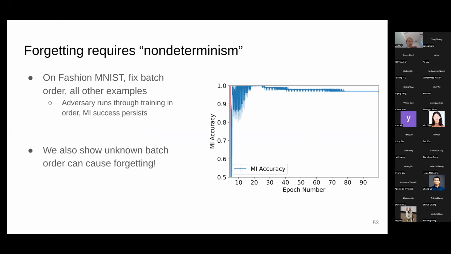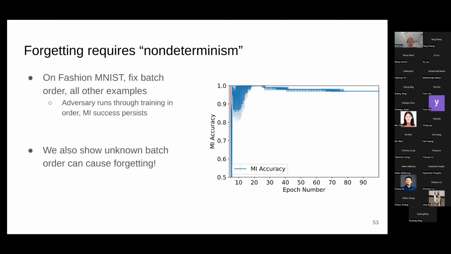One of these is if you have no non-determinism. So on FashionMNIST, what we did is we started training a model with a fixed batch order. Essentially, every single step is exactly the same, except for this one injected example, or injected batch. Every step is going to be the same up until you branch the models.